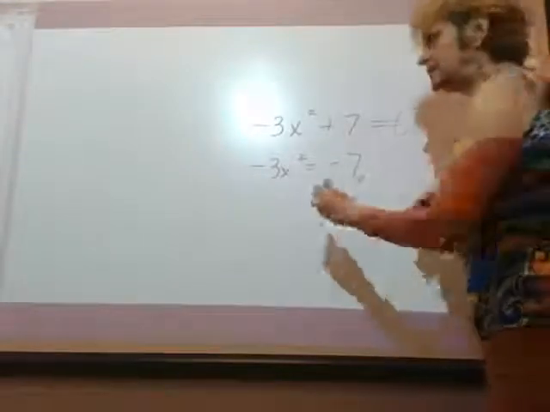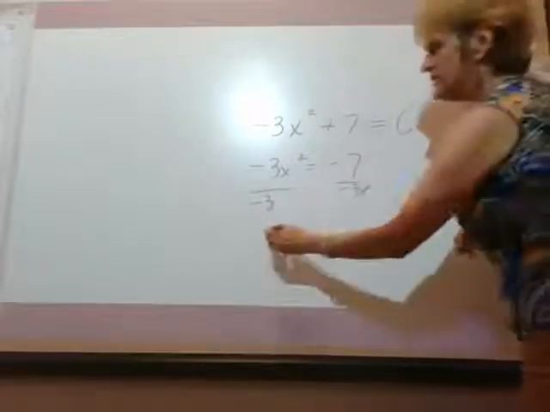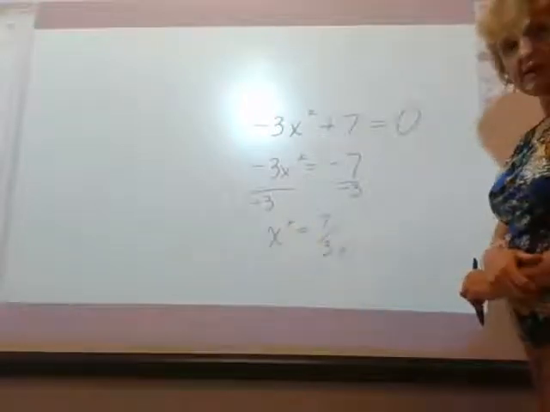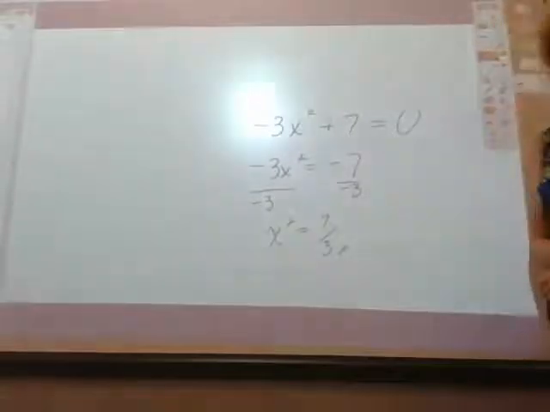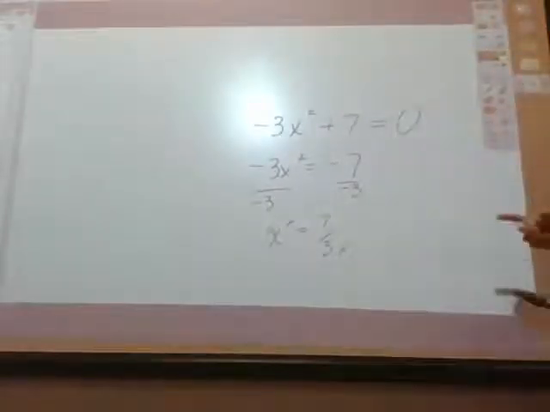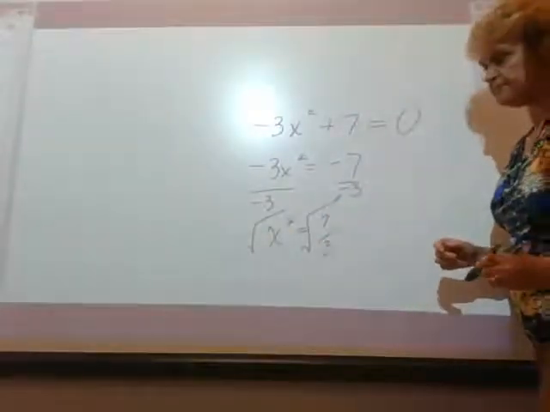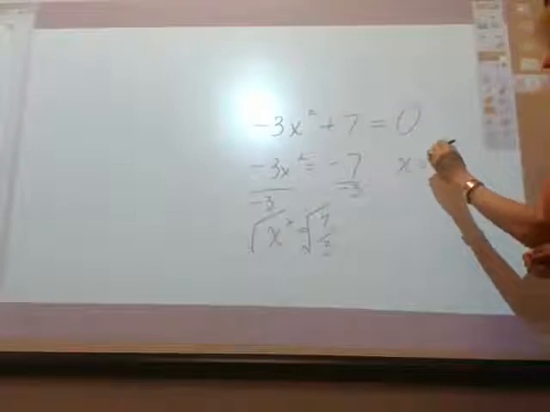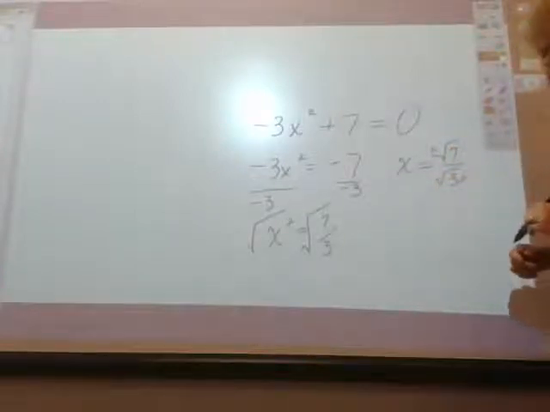I want to divide by negative 3. So I get x squared is a positive 7/3, right? I don't want x squared, I want x. So what I need to do is take the square root of both sides. So x is equal to plus or minus radical 7 over radical 3.